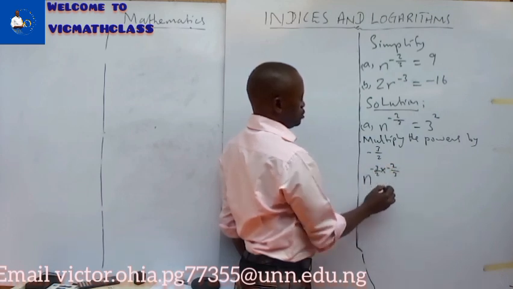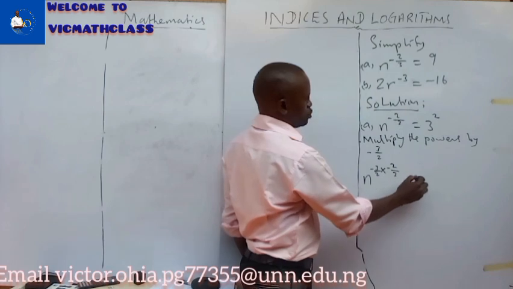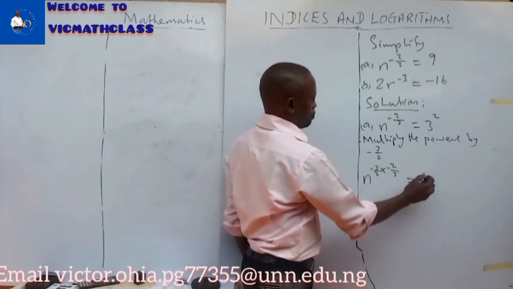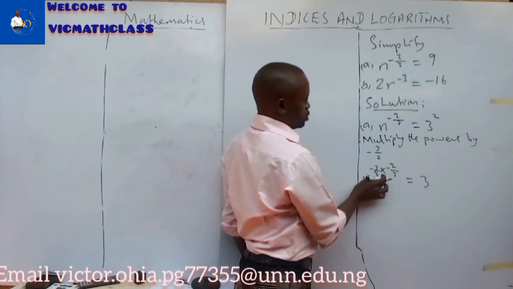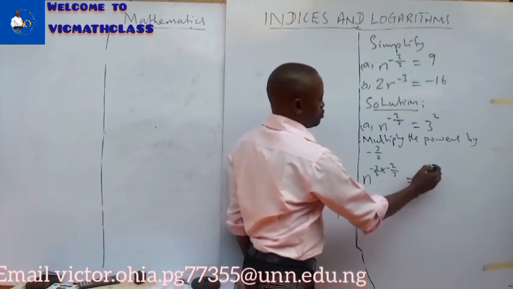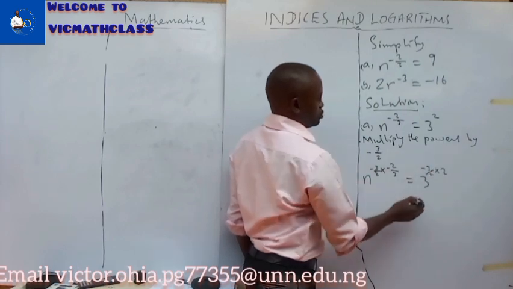2 over 3. Then equals 3, and this minus 3 over 2 will also multiply the existing 2.